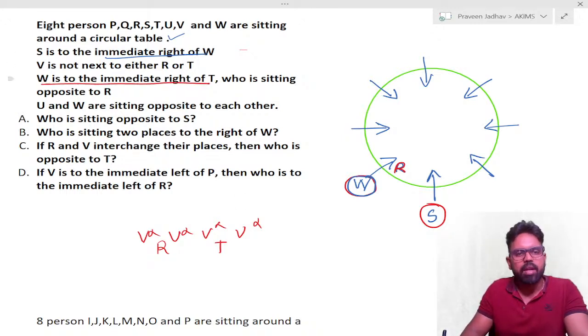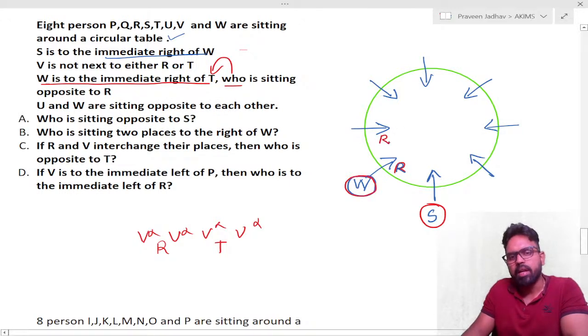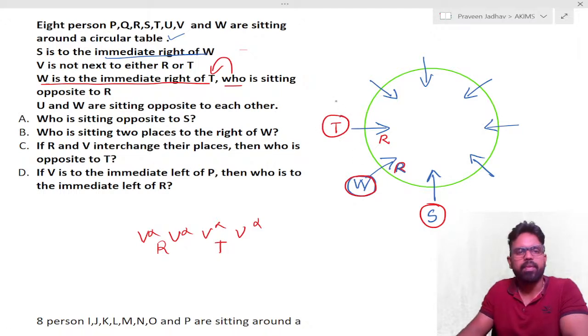W is to the immediate right of T. If this is T, who is immediate right? W. Okay.